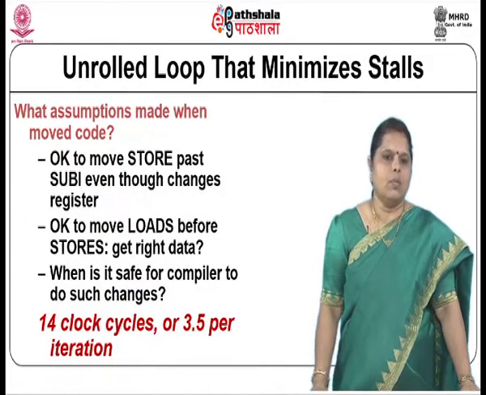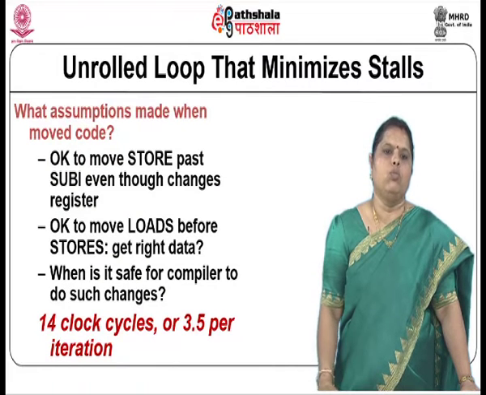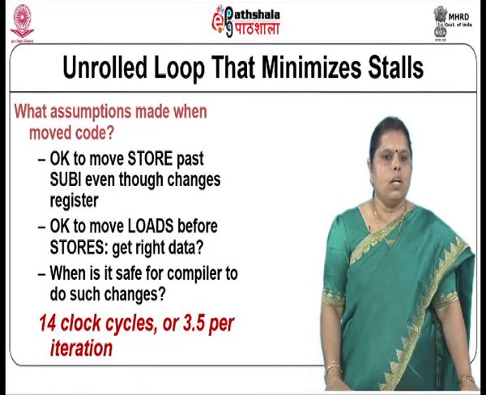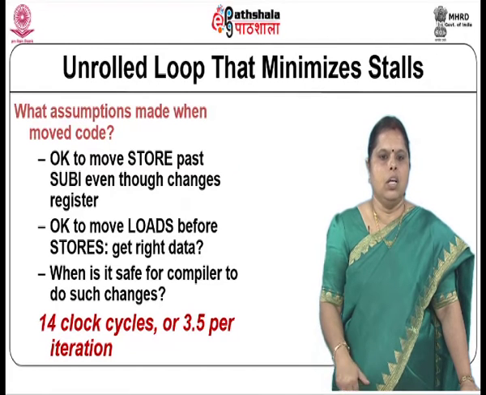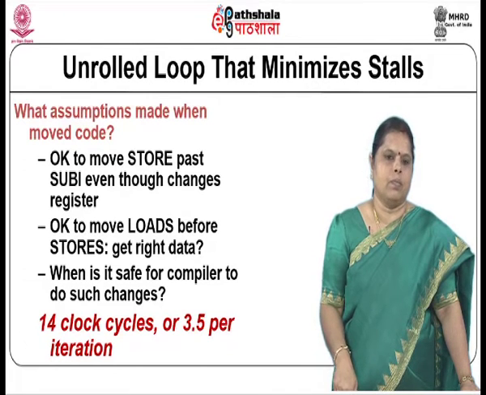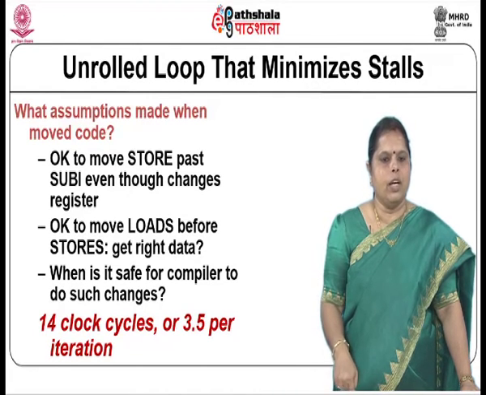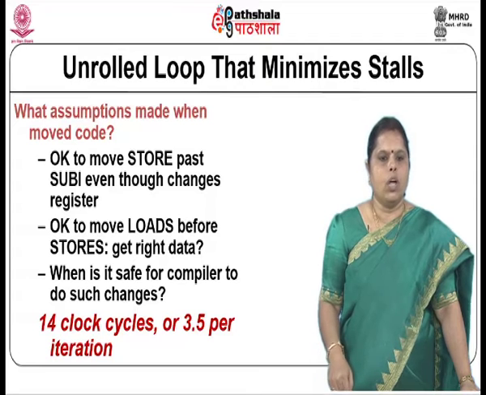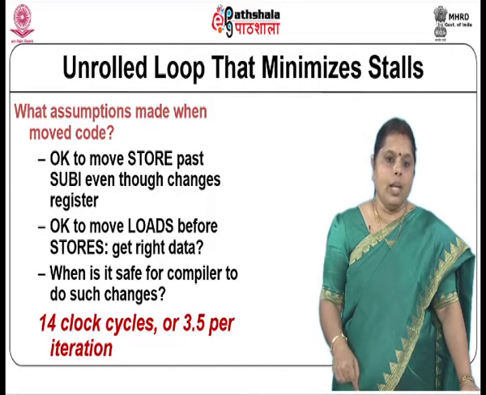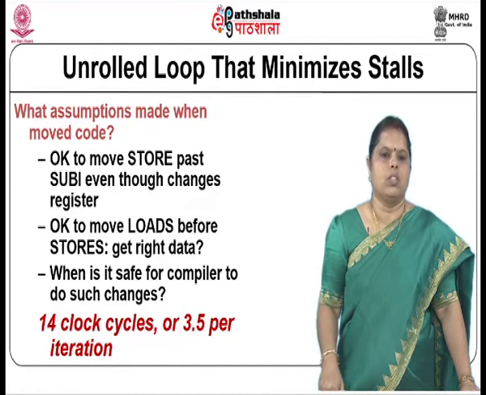So, what are the assumptions that we have made when we move this code? We assume that it is okay to move the store instruction past the sub instruction, even though it changes the register. And the second thing is, we have identified the fact that it is okay to move the loads before the stores, and we know that it will get the right data. And we'll also have to look at when it is safe for the compiler to do such changes.